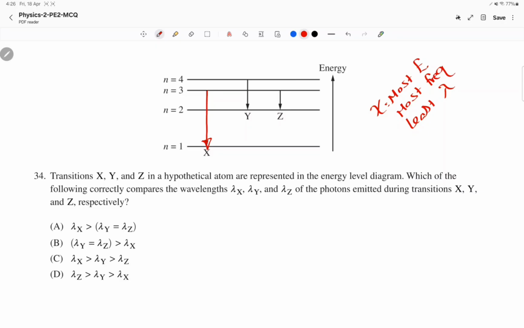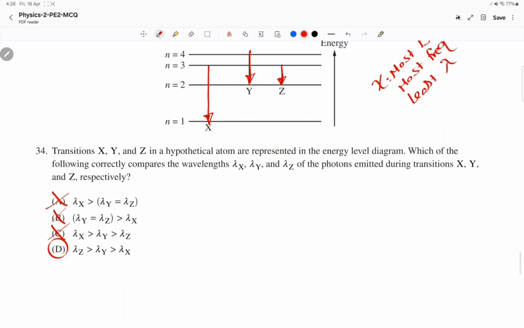So X has to be the least wavelength, not the most. So it's not A, and it is not B either. C. Right, so Y and Z have different lengths. They must have different wavelengths. Good.